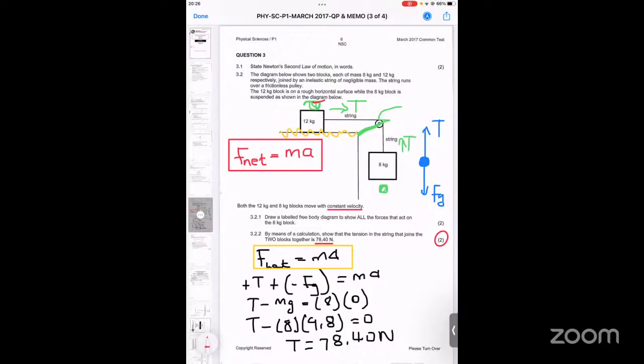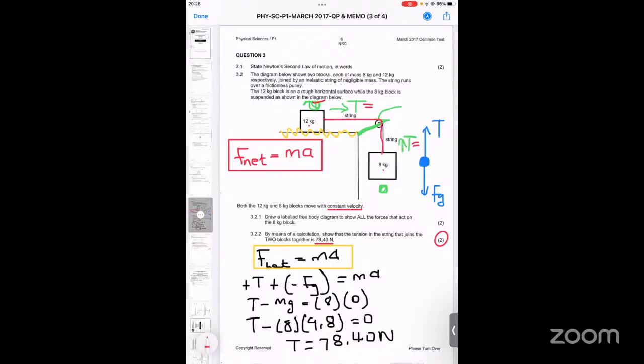I see. No. The tension is the same. The tension that we got by using the 8 kg is the same tension as that one. So the tension experienced by the 12 kg cannot be different from the tension experienced by the 8 kg. Actually, the tension is the pain which is being felt by the string.